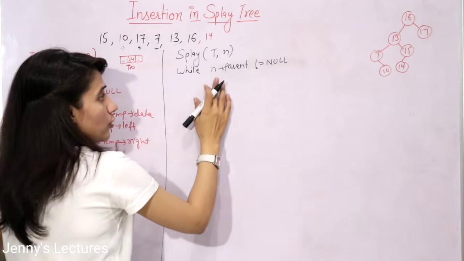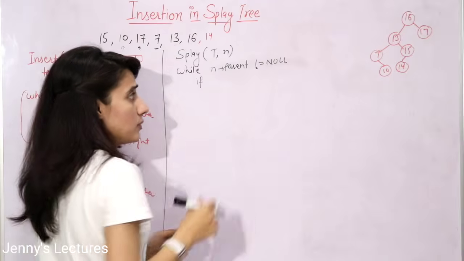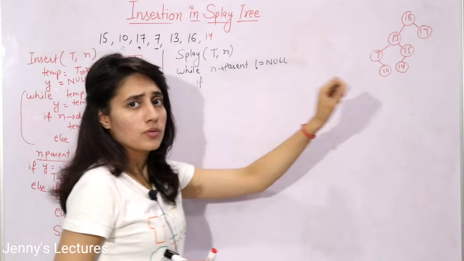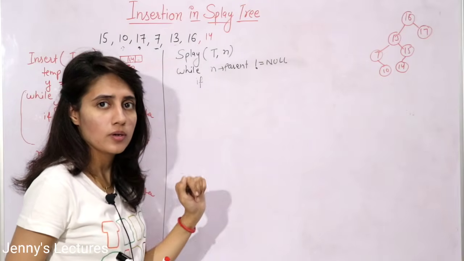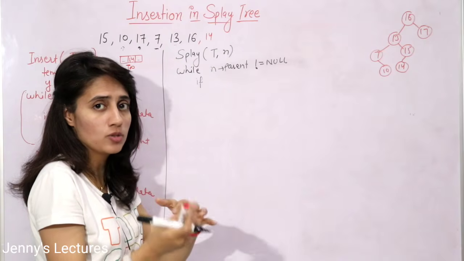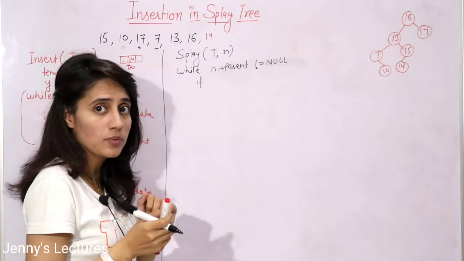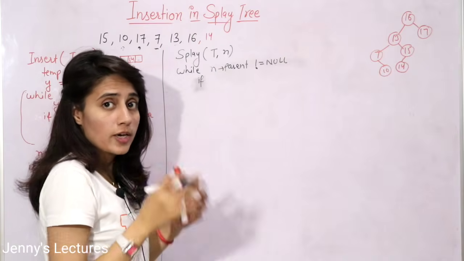Now what you will do? Now we will check if the parent of this n is root node. In that case, either you will do zig or zag rotation, means only one left or only one right rotation. That case may be there, right? So now here you will write what?